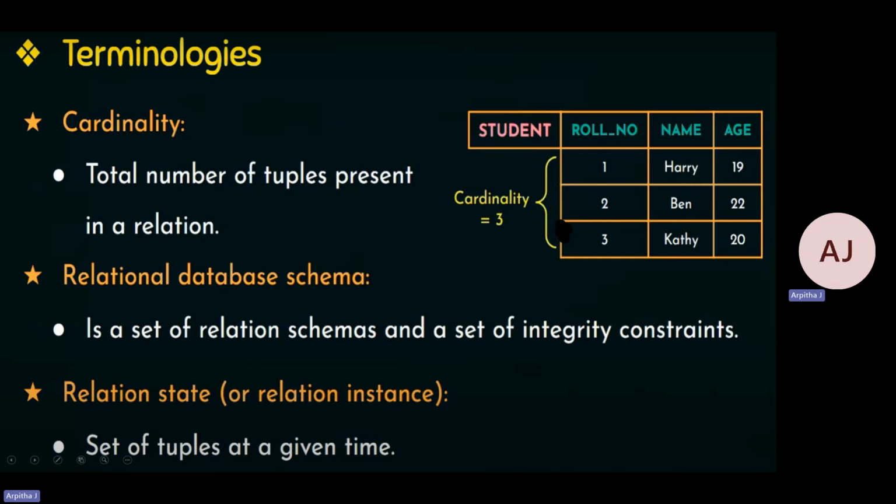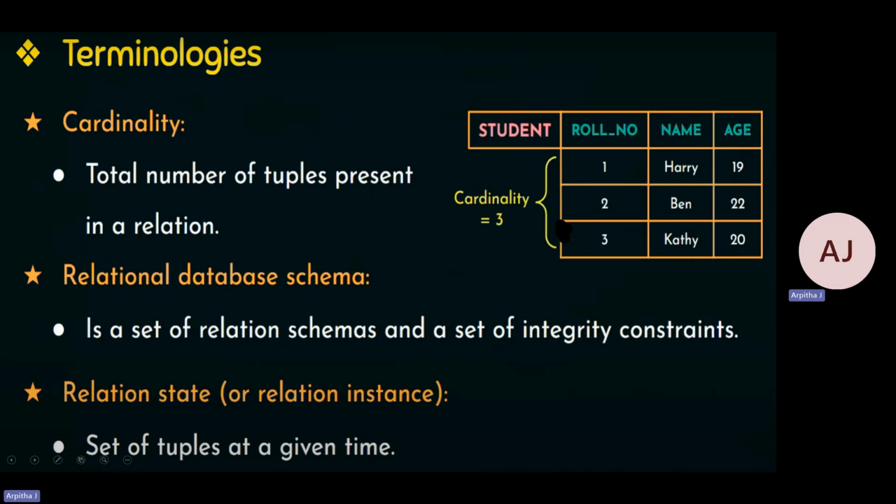Next terminology is cardinality. Cardinality is nothing but the total number of tuples present in the relation. So in this particular example, how many tuples are there? 3 tuples. So that we call the cardinality. See, these are some of the terminologies which you should know.